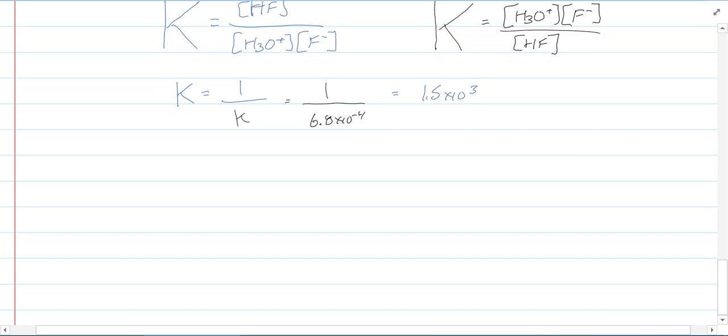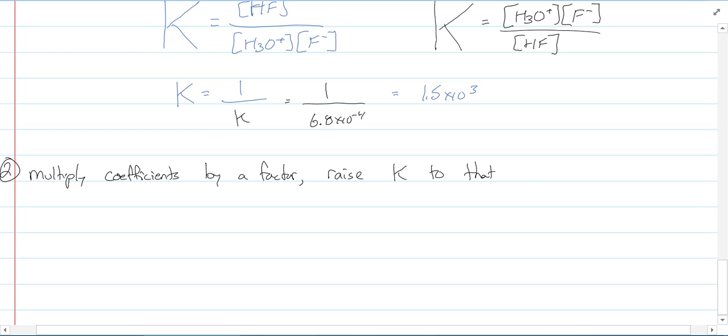Okay. The second way we can manipulate K is that if we multiply the coefficients by a factor, you raise K to that factor.